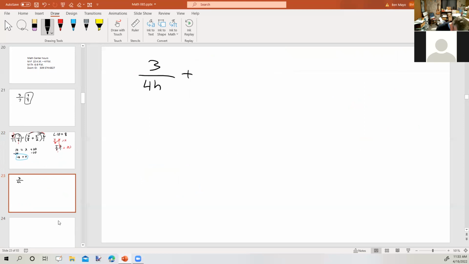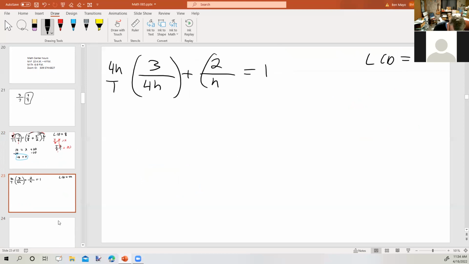3/4h plus 2/h equals 1. So the least common denominator here would be 4 times h. So I'm going to multiply both sides by 4h, or 4h/1.